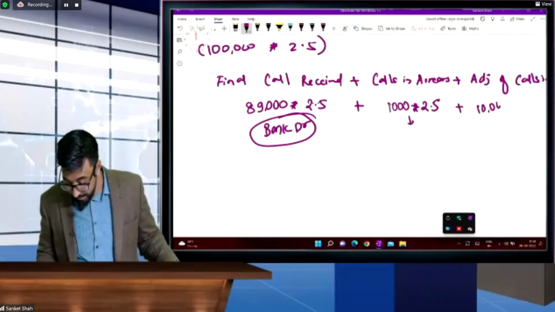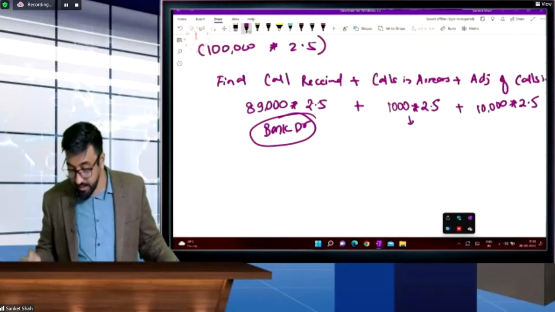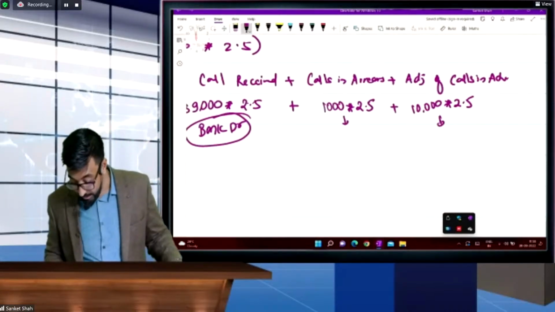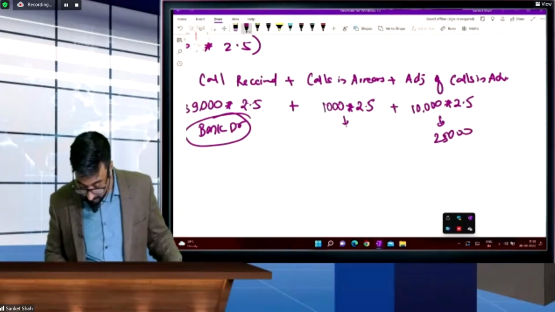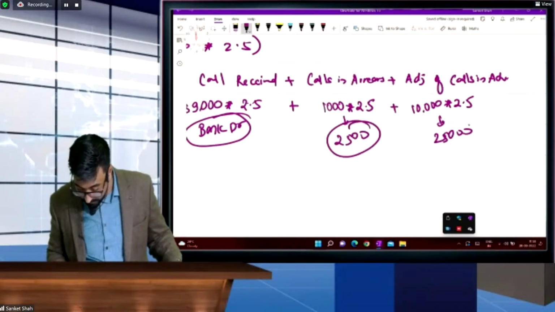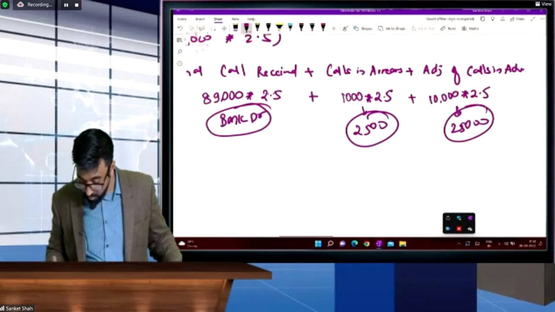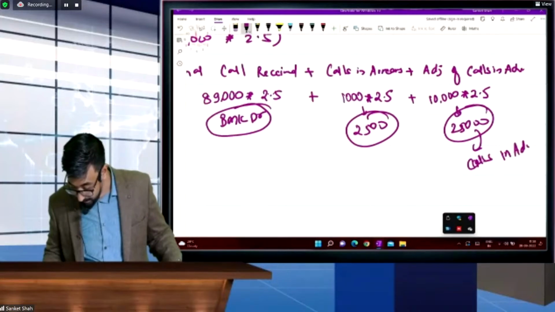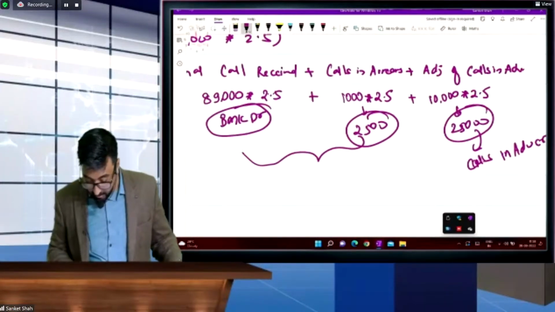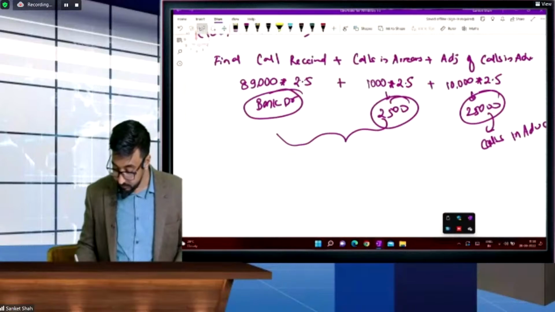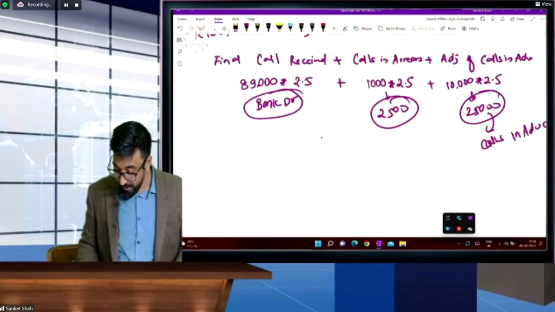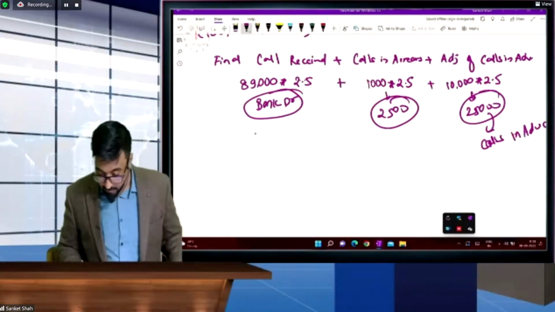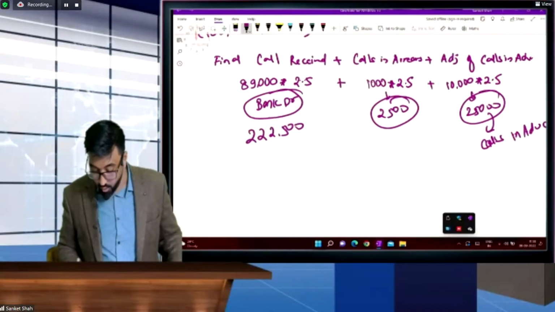And adjustment is 10,000 into 2.5, 25,000. Calls in advance now credit. Calls in arrears 2,500. Bank account is debited by 89,000 into 2.5, 2,22,500. You understood the sequence?